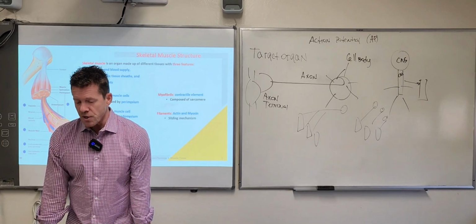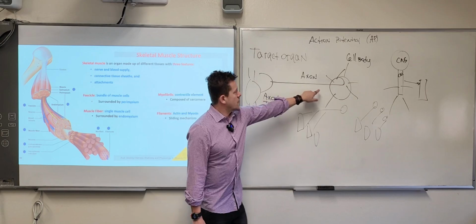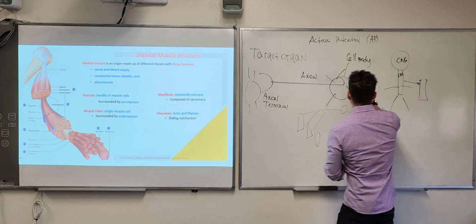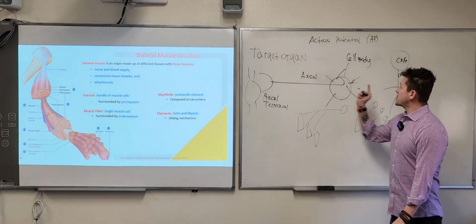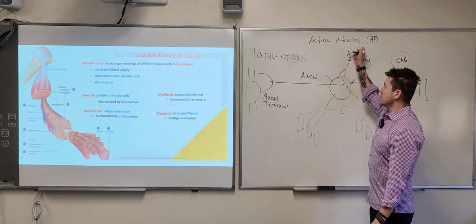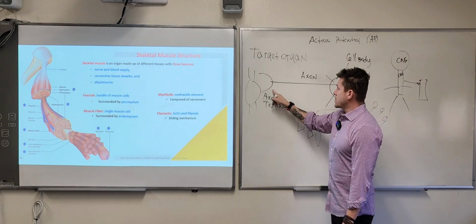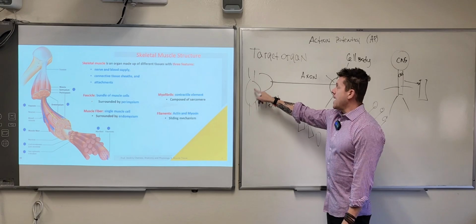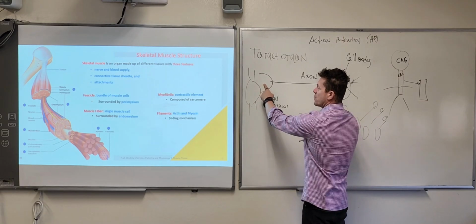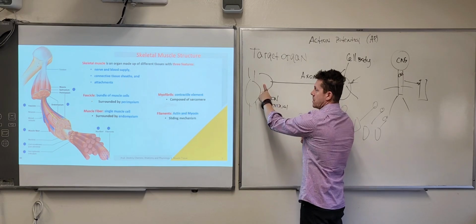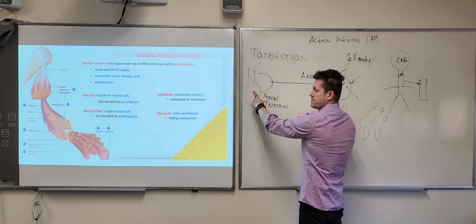So when I create tension, I stimulate all these neurons because the cell body receives the stimulus and sends this electrical impulse, or action potential, towards the muscle. And here we will communicate. Here we will release a lot of chemicals that will stimulate the muscle.